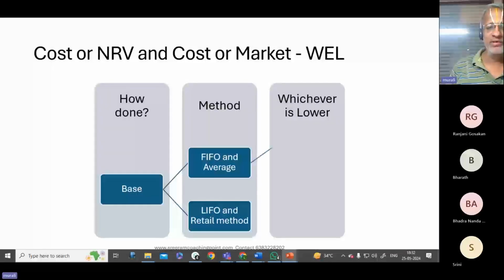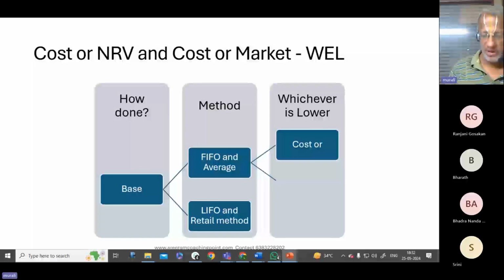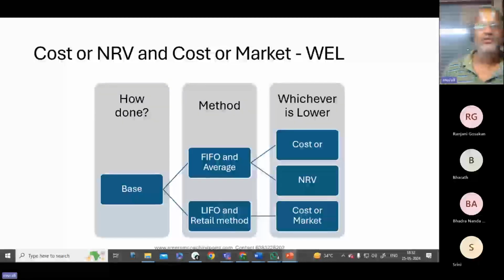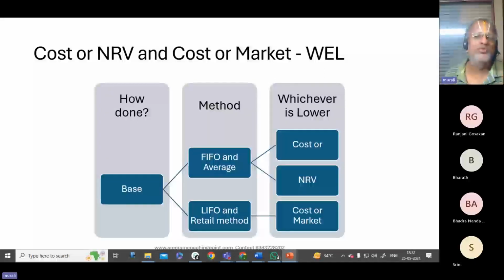So whichever is lower, cost or NRV whichever is lower. In this particular case, I have only this sort of template ready. So therefore, I have put it out this way: cost or market, whichever is lower. Is that clear? So whatever we have just done 2 slides before, that is what you find here. Is that clear? Shall we proceed?